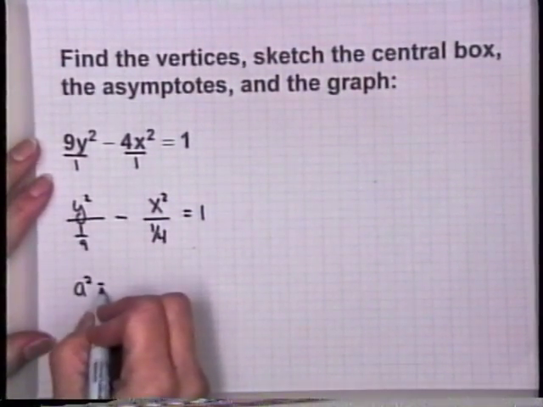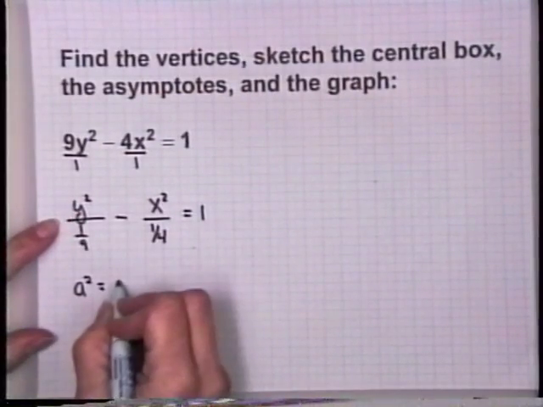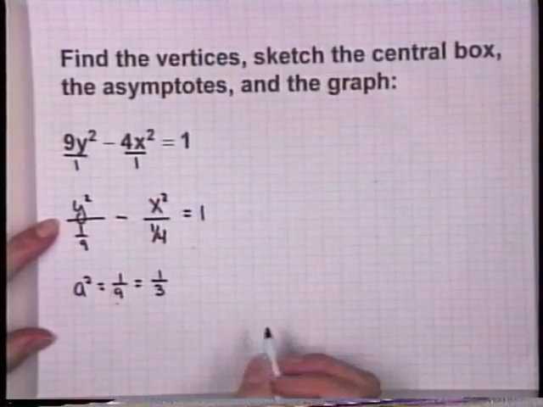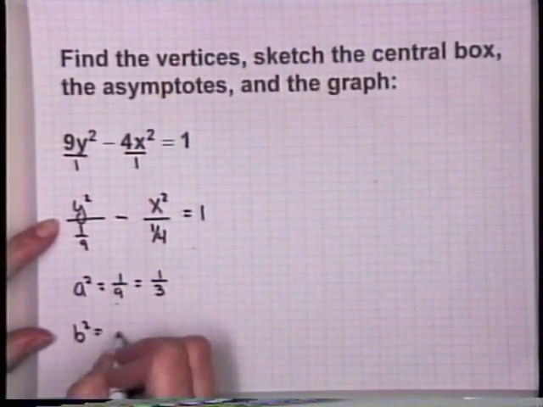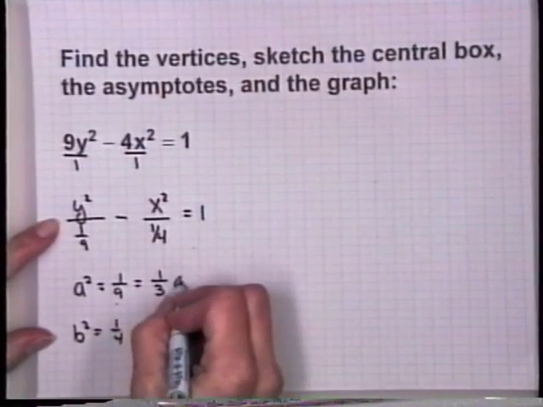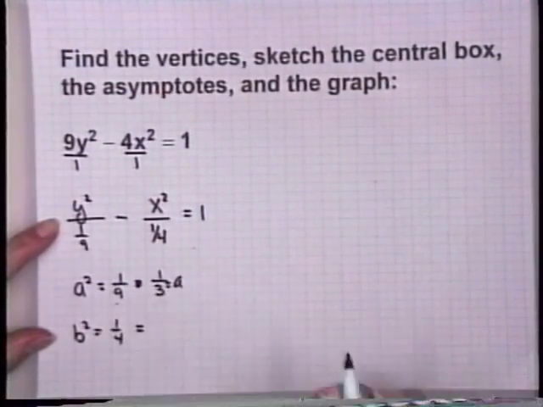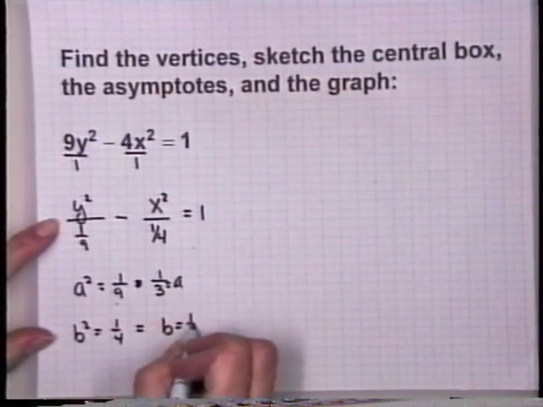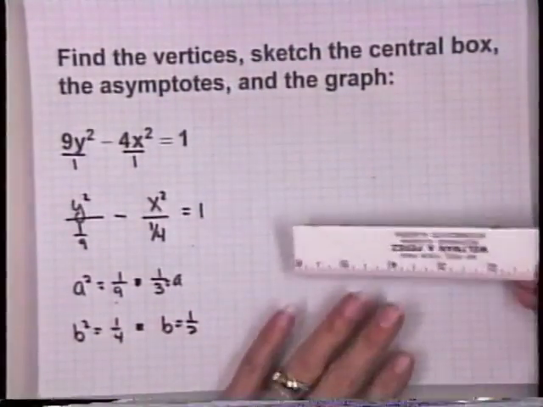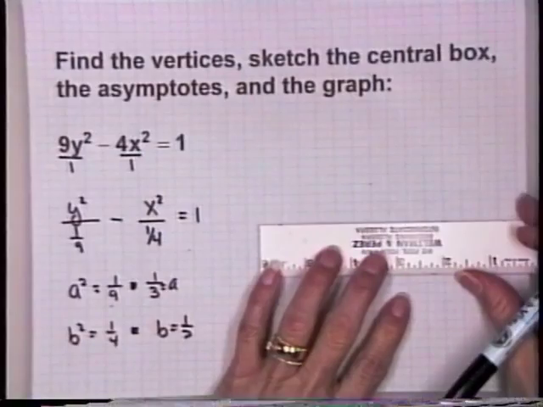A squared will be under the y squared since that's my positive term. So a squared is 1/9, making a 1/3. And b squared is 1/4, making b 1/2.